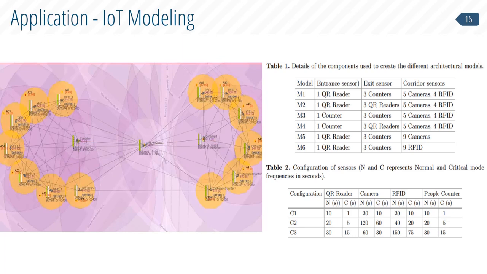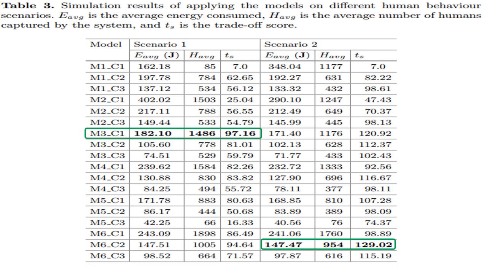data transmission frequency. Here I show the result, and here we define the scenario-specific quality of service and quality of experience goals, and assign a trade-off matrix for decision-making purposes. The energy consumed by the system every 15 minutes is the parameter for measuring quality of service, and then the total count of humans gathered by the server every 15 minutes is the parameter for measuring quality of experience.